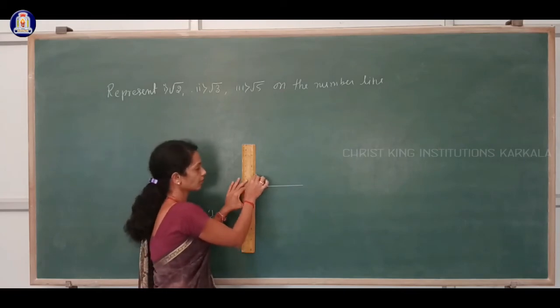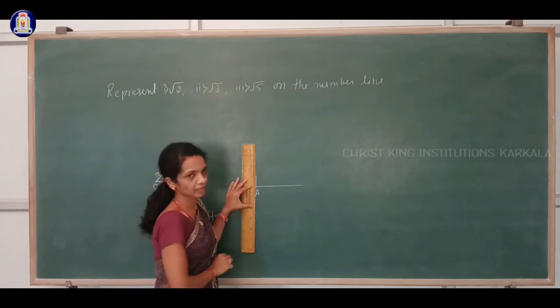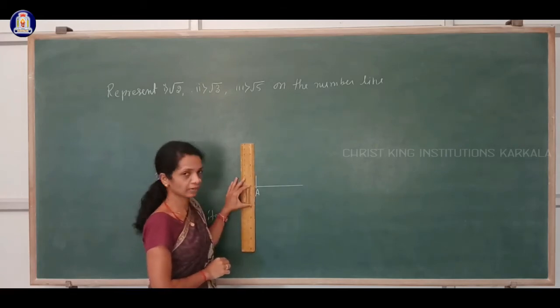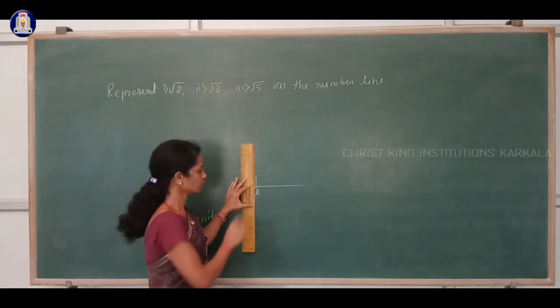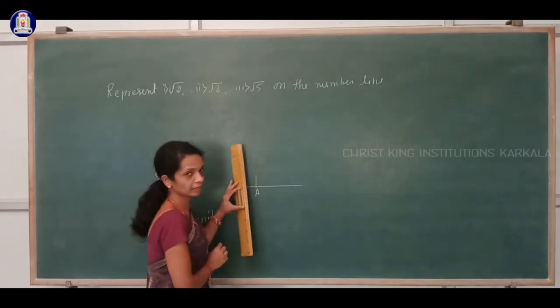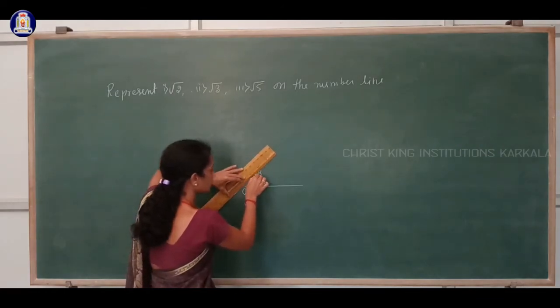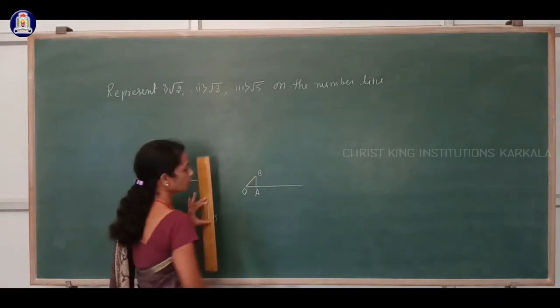What we are drawing here is a perpendicular. To draw a perpendicular you have to keep your scale exactly vertical to the horizontal line, then that will be the perpendicular. Take the end point of that perpendicular as B, and join that with O.